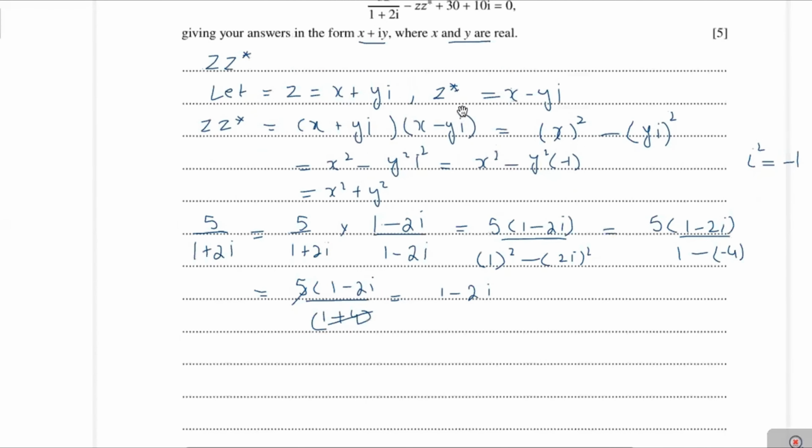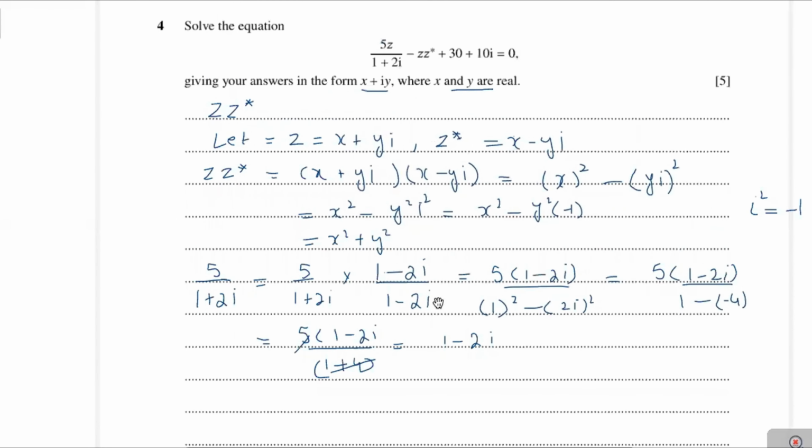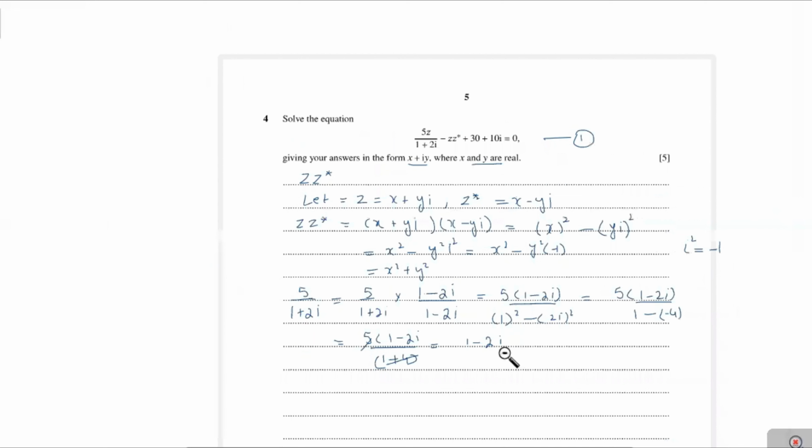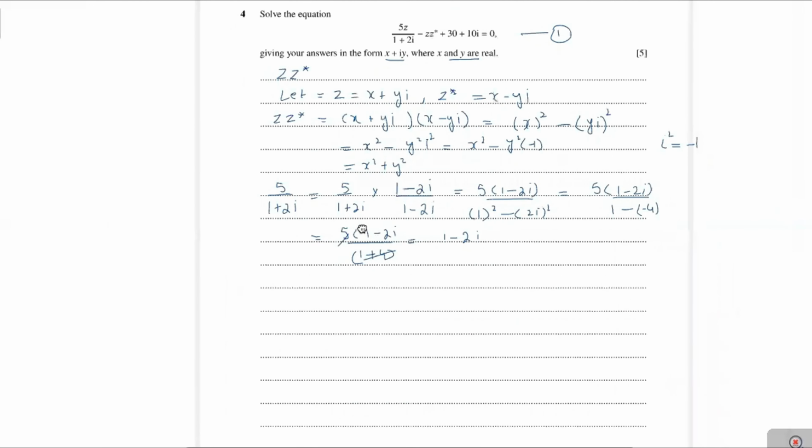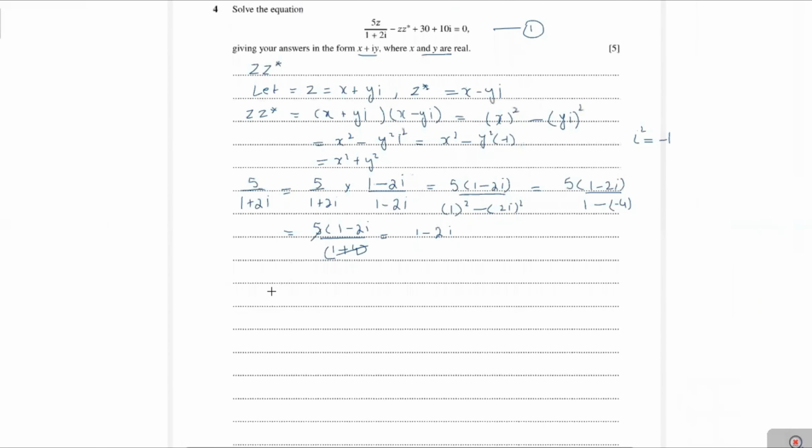Now we substitute the value in this equation. You see here, this is the equation 1. We name it as such. Now we put the value in this equation. We can write it 5 over 1 plus 2i, that's equal to 1 minus 2i into z minus z star plus 30 plus 10i equal to 0.